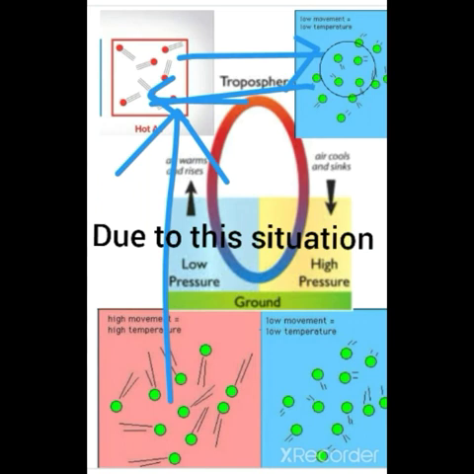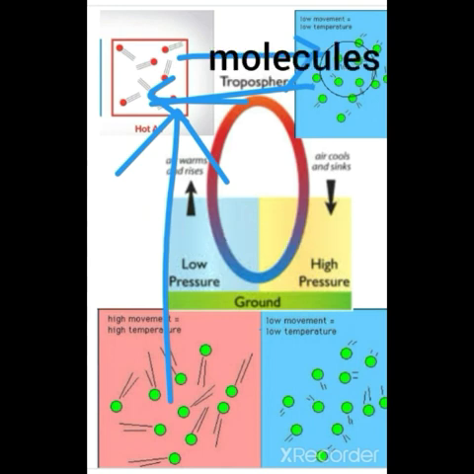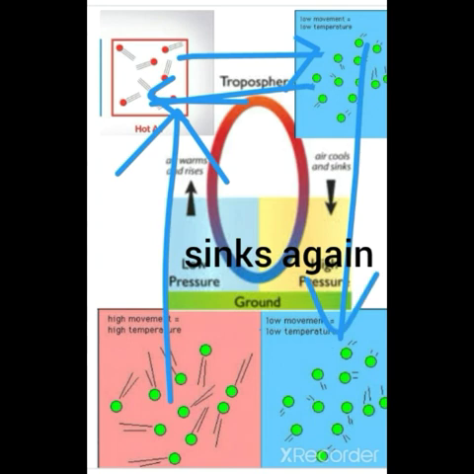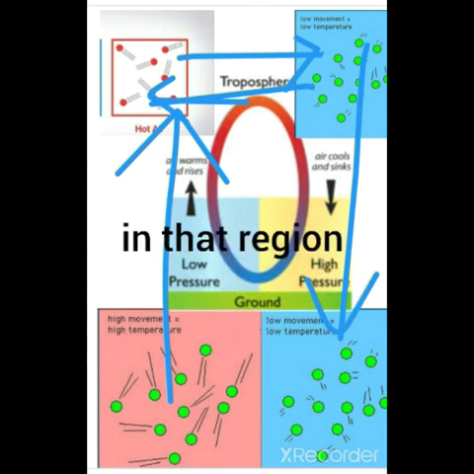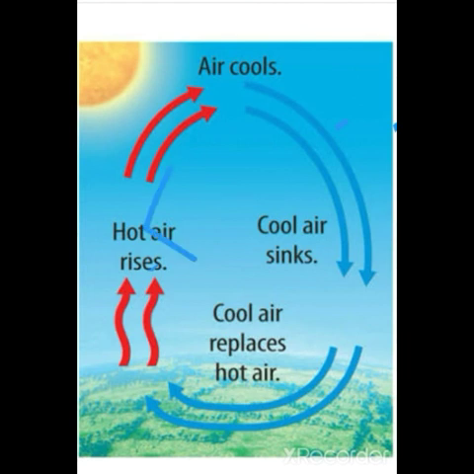Due to this situation, a group of these molecules sinks again in that region. This process of warm air and cool air is called convection in air. Convection drives the circulation of air in the atmosphere.